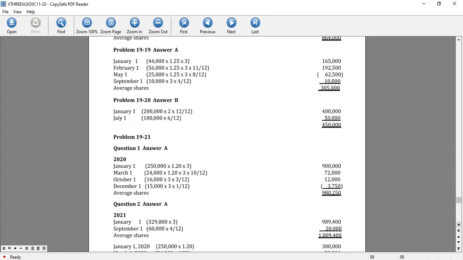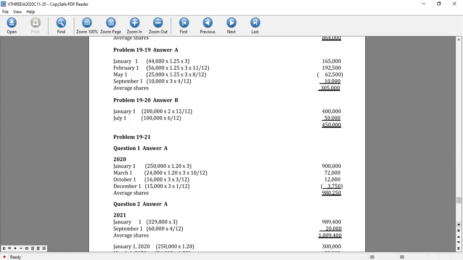By the way, as of January 1, we may multiply it by 12 over 12, but anyway, that's still equal to 1, will give the same result. However, in February 1, we really have to multiply it by 11 over 12, considering that the transaction occurred only on February 1.